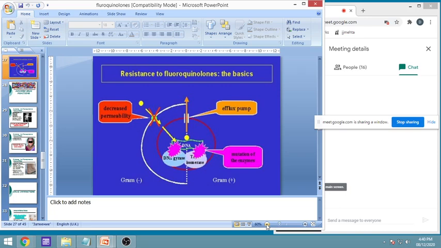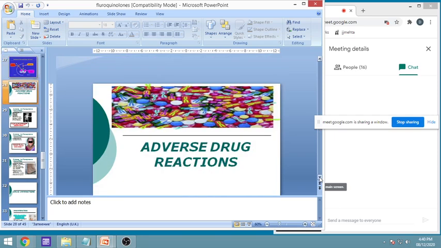Then there can be mutation of the enzymes, and because of this mutation the drug will not be able to bind to enzymes like topoisomerase or DNA gyrase, and therefore it won't be able to show its action.